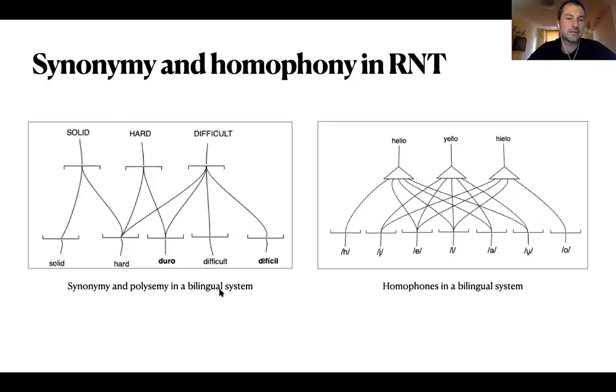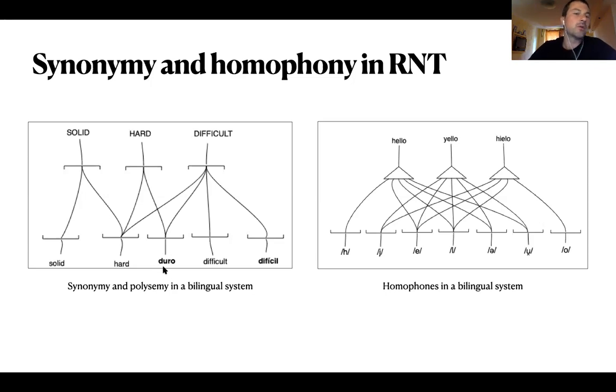These are represented simply as different lexemic nodes connected to the same conceptual node. So difficult and hard, for example, in English, both can mean difficult. So it means that these lexemes are connected to the same conceptual node. But in a bilingual system, the same conceptual node can be linked also to another lexeme, which would be duro, the Spanish word duro.